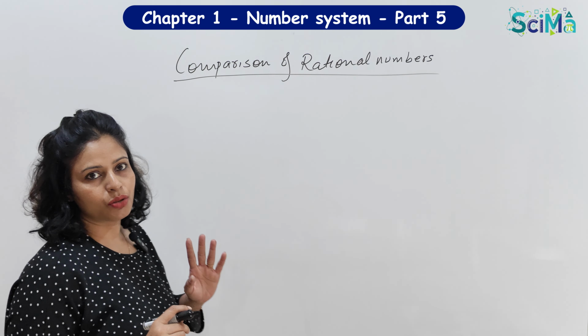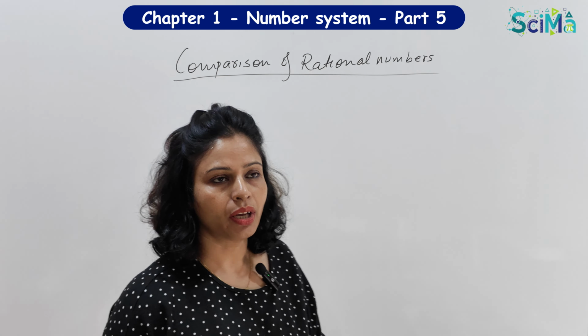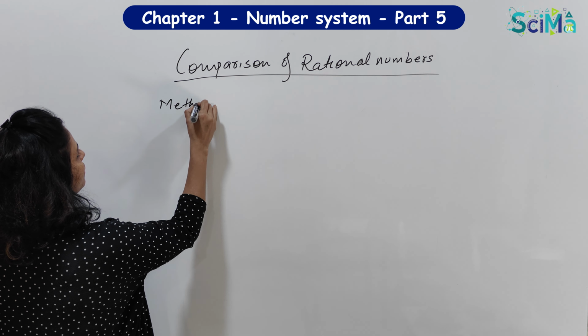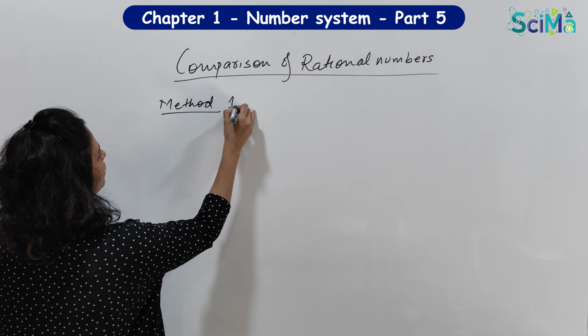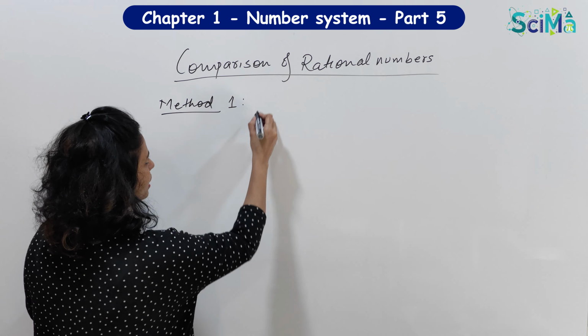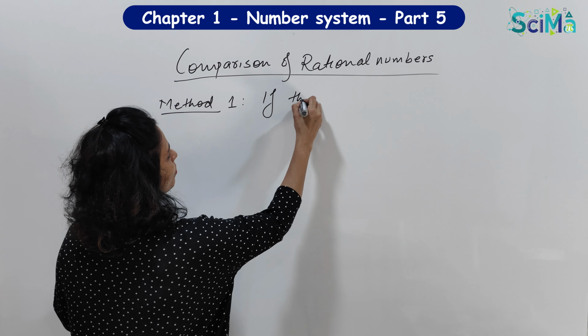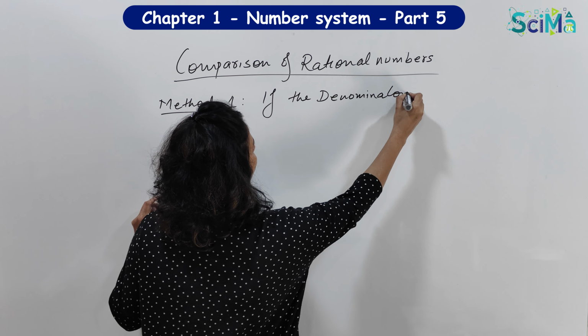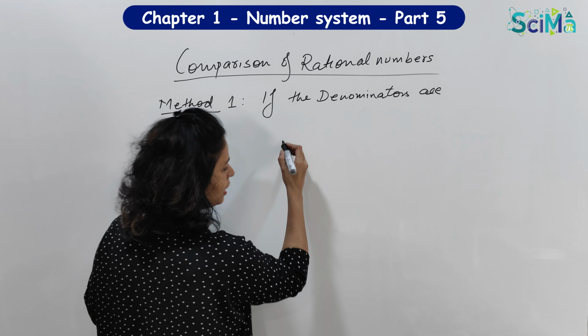So there are two methods. There are two situations where we follow different methods. Method 1: if the denominators are equal.